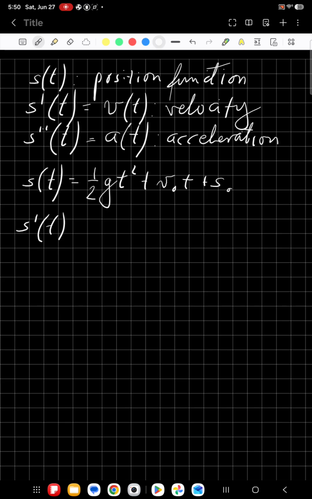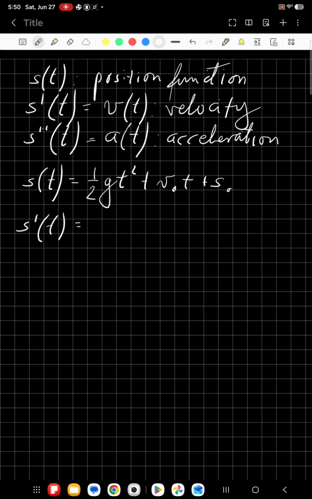And yeah, if we calculate that, t is our variable, g is a constant, v0 and s0 are all constants. So we take that 2 to the front, subtract 1.